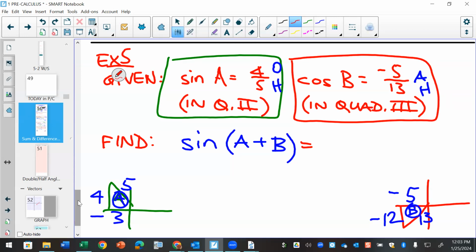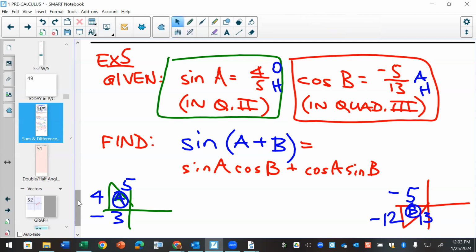Right? So I think I'll write it here. Sine, cosine, cosine, sine. Notice how I put in the A's and B's in place of the X's and Y's. And now we come in for a smooth landing.